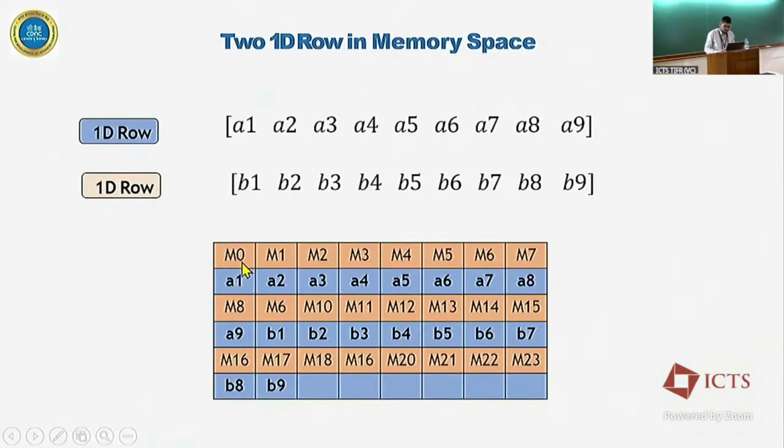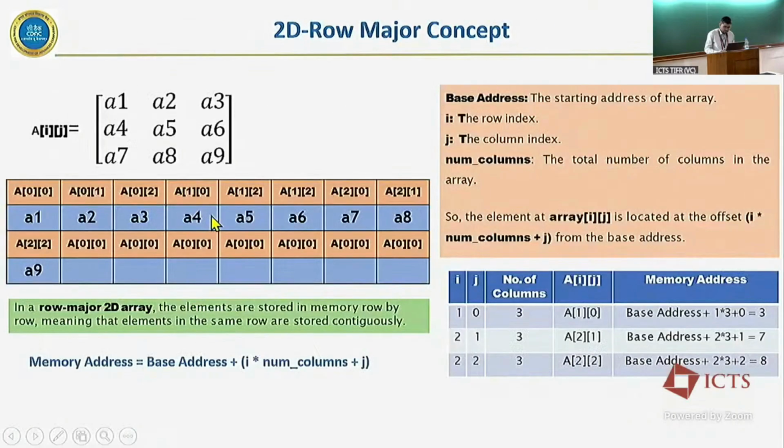This is going to be stored in the memory addresses M0, M1, M2, in a serial manner until A9. So A00, A01, A02, A10, the second row is also going to be stored after the first row, then the third row.